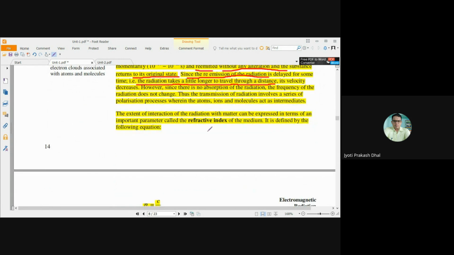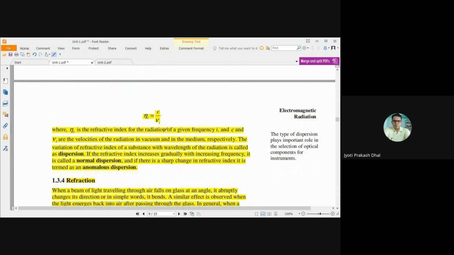The extent of interaction of electromagnetic radiation with matter can be expressed in terms of the refractive index.